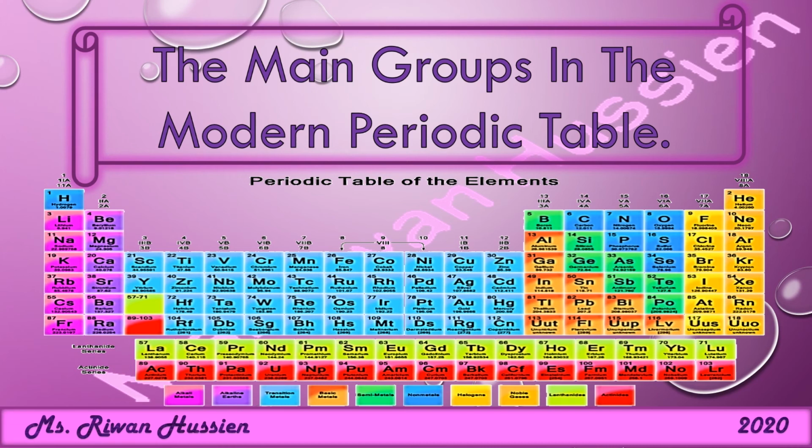So, in this lesson, we are going to study the main groups in the modern periodic table, which are Group 1A or Group 1 and Group 7A or Group 17. Then we are going to end by some elements and their uses depending on their properties.